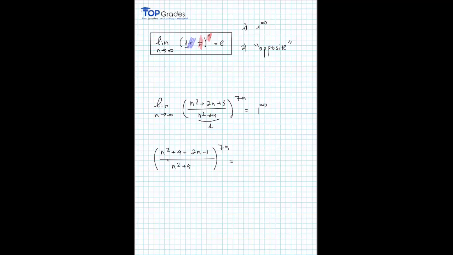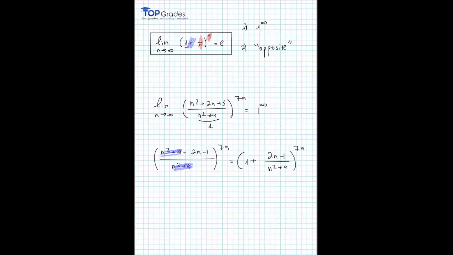It's not cancelling, but you can write it in a different form. It will be written as 1 plus 2n minus 1 divided by n squared plus 4, in the power of 7n.